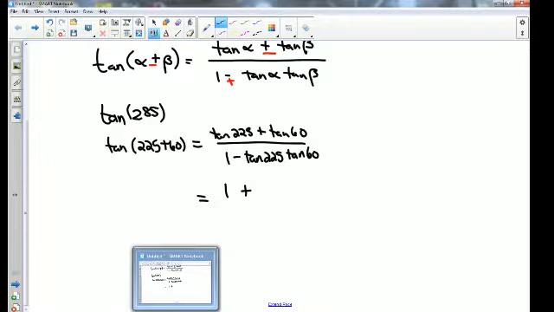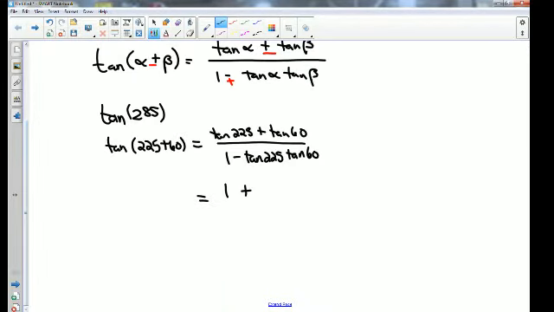She said 1. Okay, tan 60. So remember, tangent is just the y over the x. So if you have a 60-degree angle, cosine's 1/2, sine's root 3 over 2, divide. It's root 3. Yep. Root 3 over 2 divided by 1/2.